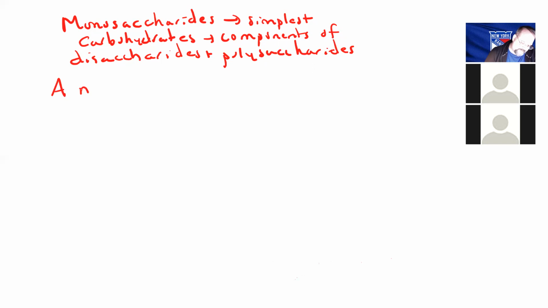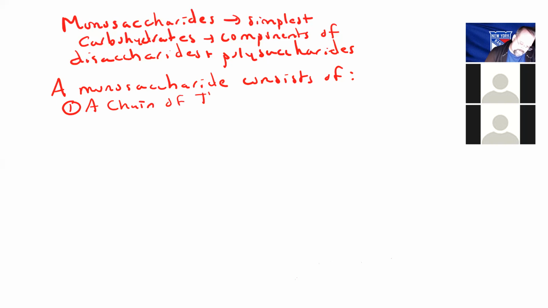So basically, a monosaccharide consists of the following. Number one, a chain of 3 to 6 carbons.